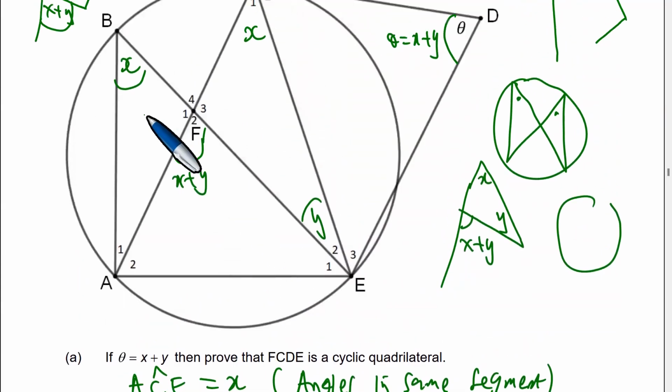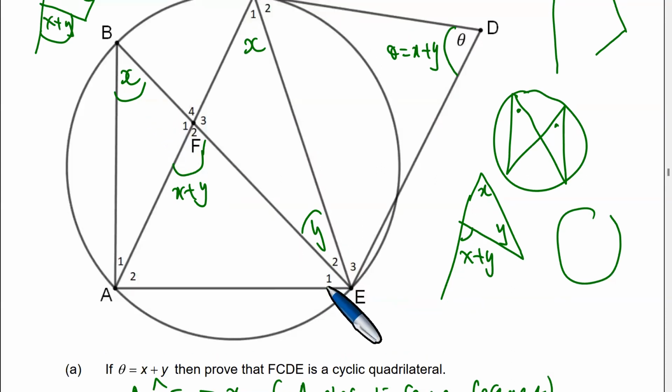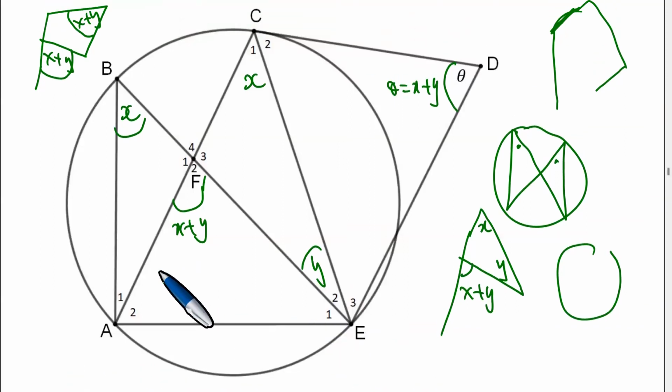I mean, we know that this one is X. So if this one is X, that one will also be X. So we know that at this point, angle AEB is also going to become X because this equals this, so the base angles are the same.